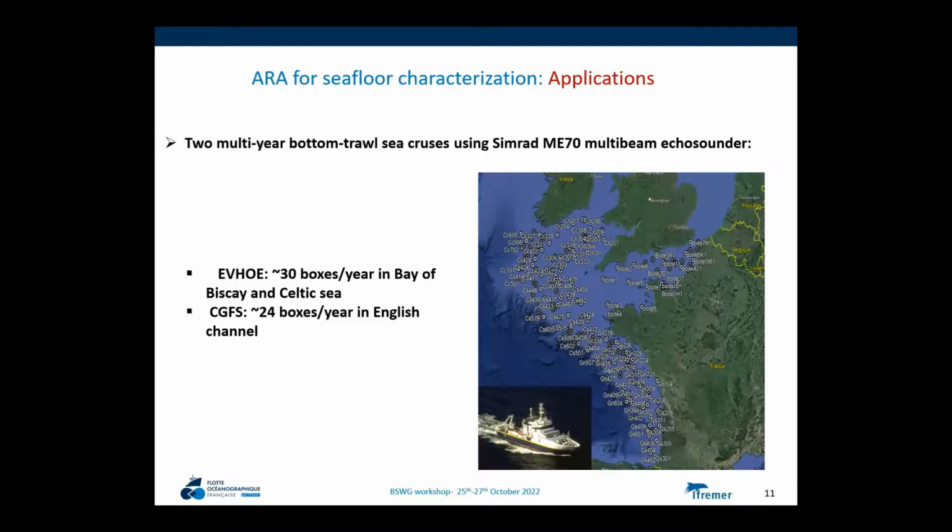And we have had, for 20 years, 30 boxes each year in the Bay of Biscay, done by the IBTS campaign, and in the English Channel by the CGFS campaign, always with the same ship, so it's fully calibrated to analyze the backscatter.